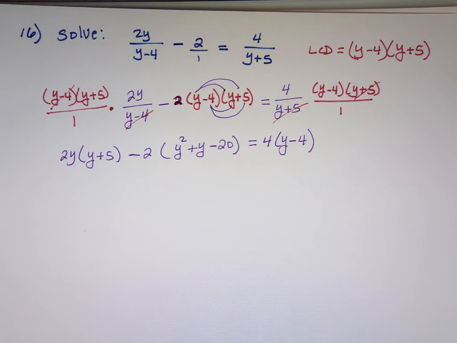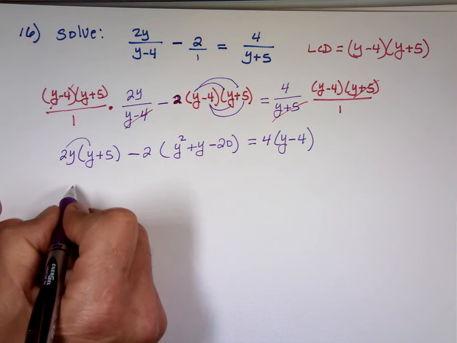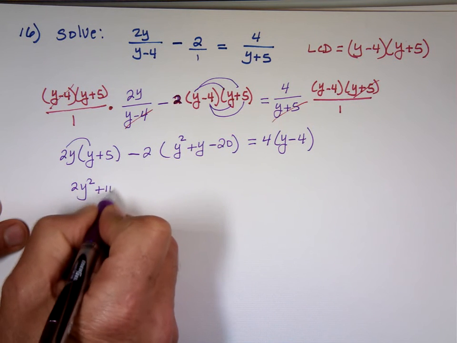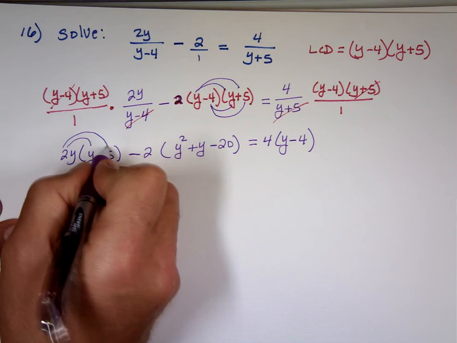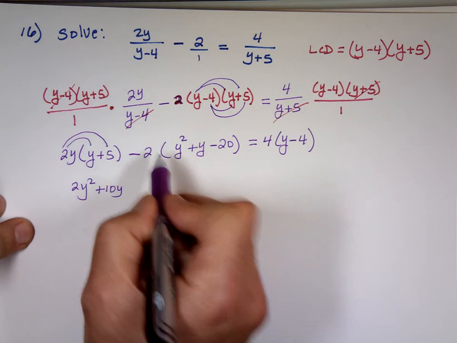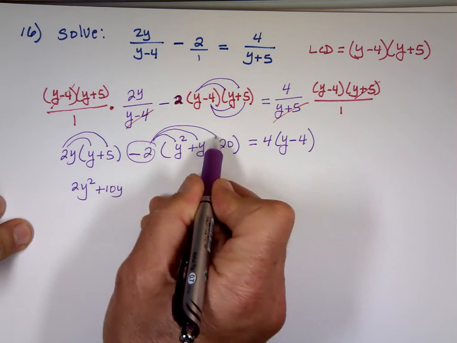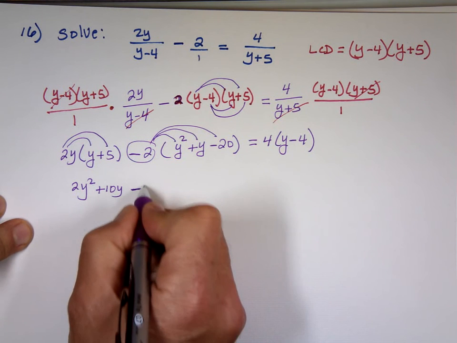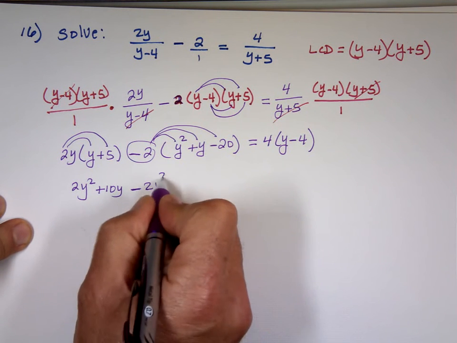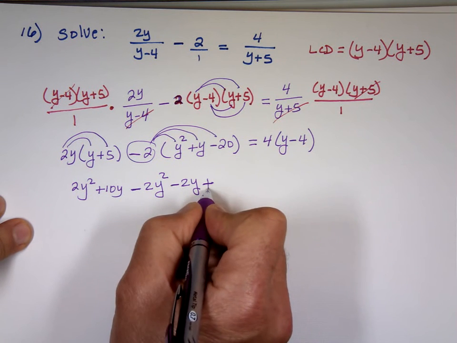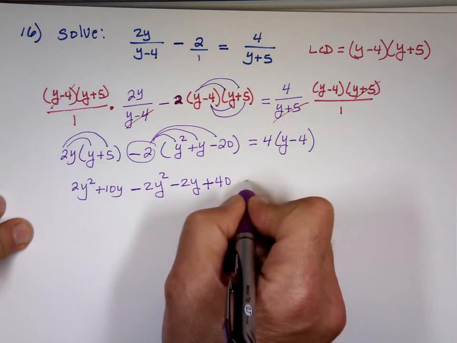What's 2y times y? That's 2y squared plus 10y. Let's take the negative 2, multiply it through each one of these. That'll make it negative 2y squared minus 2y plus 40 equals 4y minus the 16.